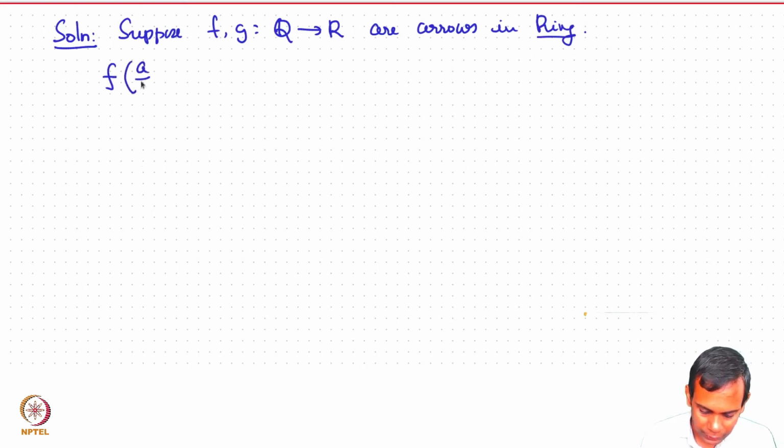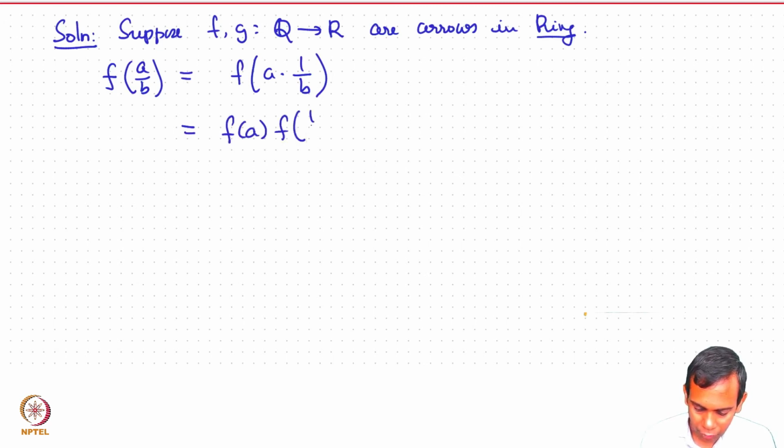F of a rational number A by B is equal to F of A times 1 by B. And now because F is a homomorphism of the multiplicative monoid, this is F of A times F of 1 over B. But A here is an integer.